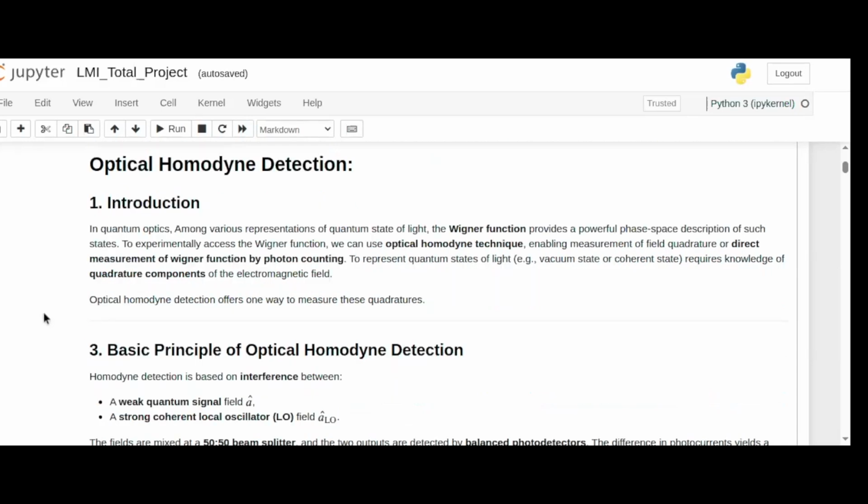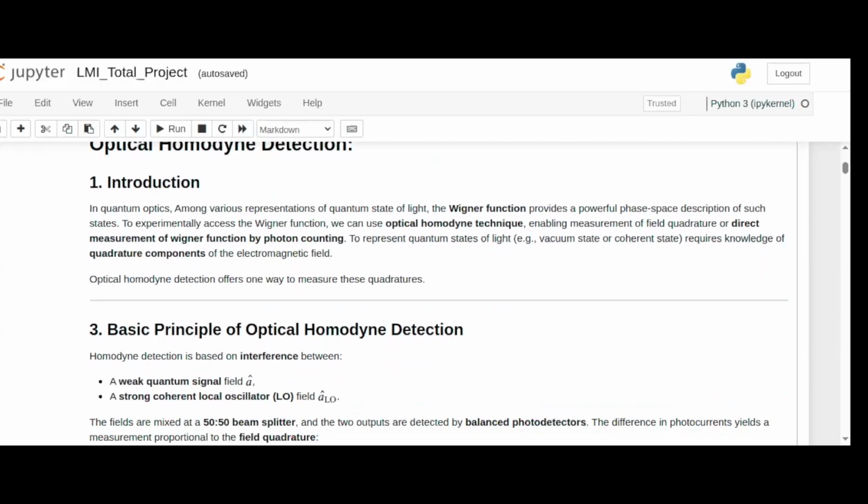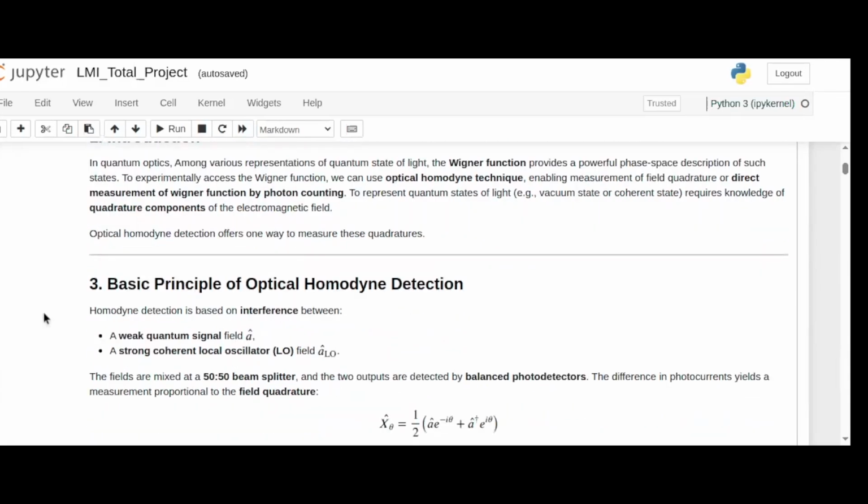In this lecture, to reconstruct a vacuum state, or any quantum light state, this requires knowledge of the quadrature of the field. This technique offers one of these.